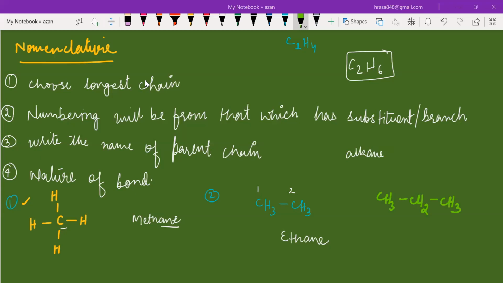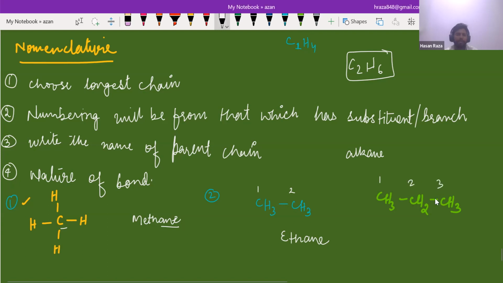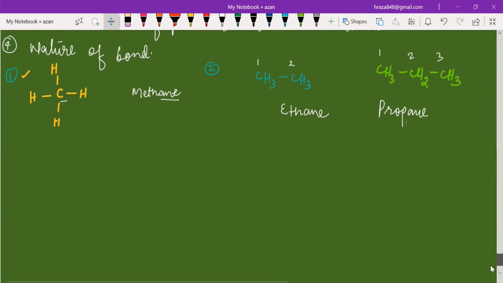Sir, propane. Yeah, it is propane. Very good. So 1, 2, 3. That means 3 carbon is there, prop, and all are singly bonded, propane. So can I change the slide? Yes, sir. Okay.